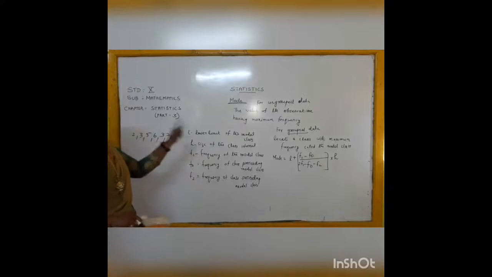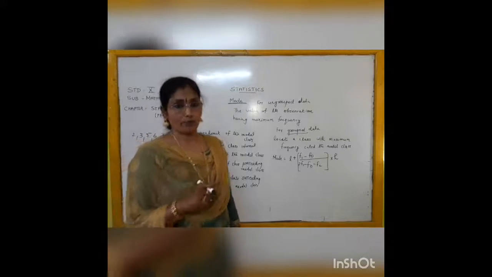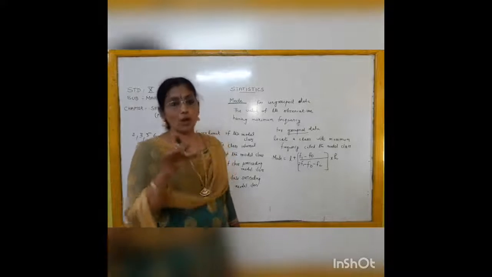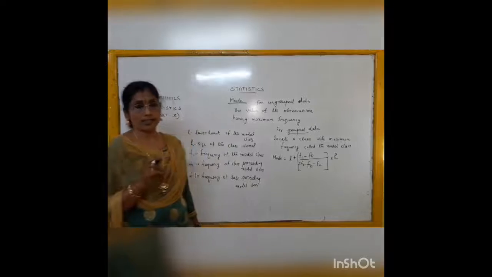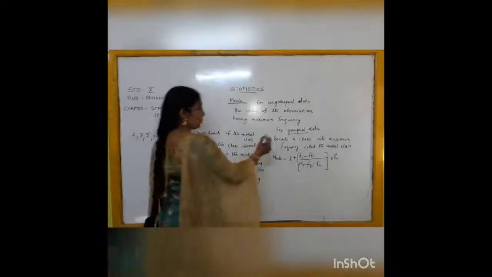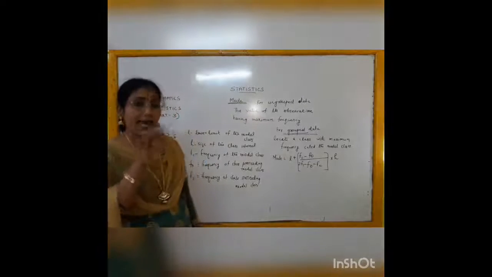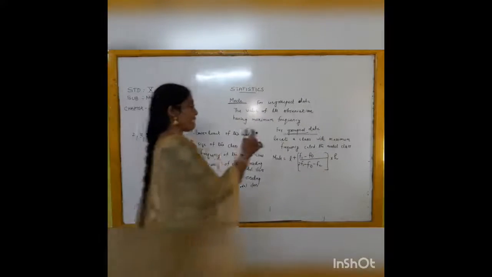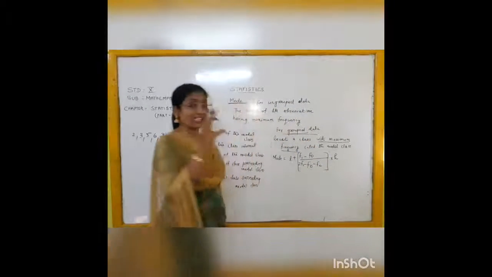Next, you have to find out how to calculate the mode of grouped data. The classes and frequencies are given. How can you locate the mode class? First of all, you have to locate the class with the maximum frequency.